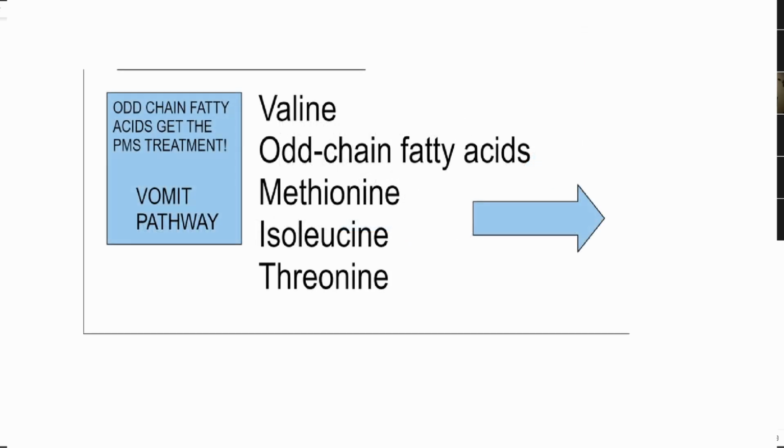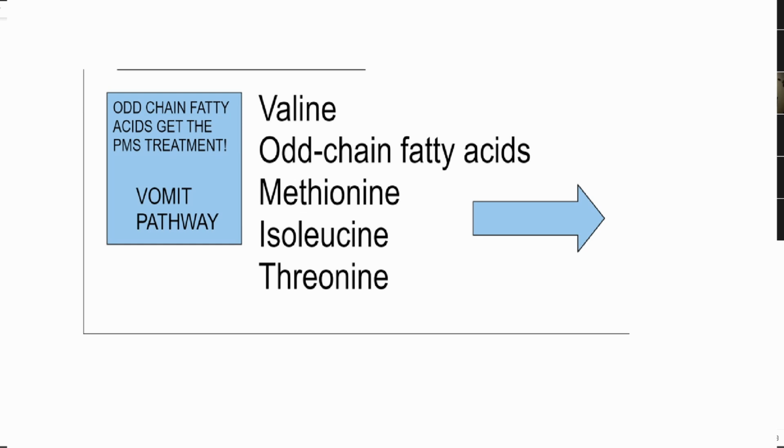This is a very small pathway. They call this VOMIT. I know it sounds pretty bad, but valine. So this is a pathway of unwanted structures. That's the way I look at it. I say, okay, anything that could not get metabolized normally will make its way into this small little pathway. Here you have things like, let's say, valine. You have also odd chain fatty acids.